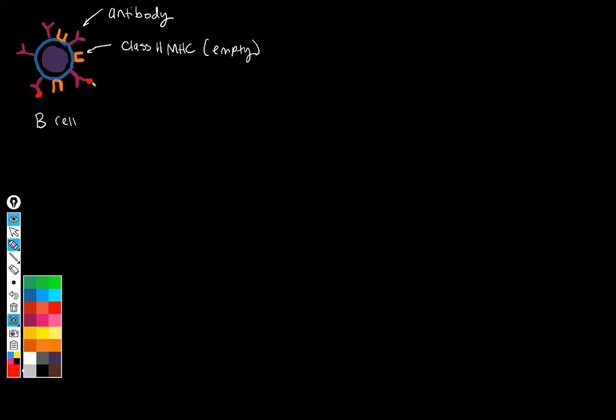It's going to basically draw the antibody antigen complex inside, separate them, and then stick the antigen in a class 2 MHC and stick that in its membrane. So the net result of that will look like this.